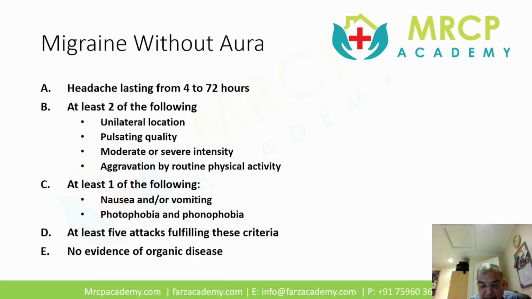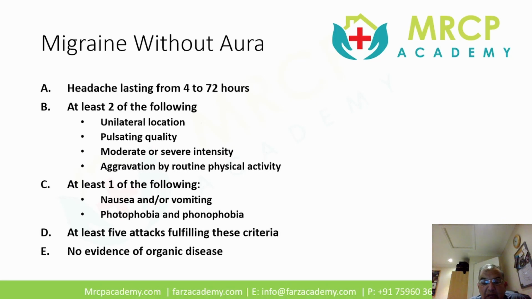Now, generally these criteria apply to all migraines, particularly those with headache. As mentioned, there are only a small percentage of migraine patients that have an aura. Most will have a headache lasting 4 to 72 hours. It's usually unilateral, but not invariably so.